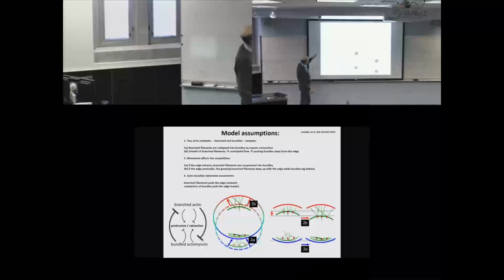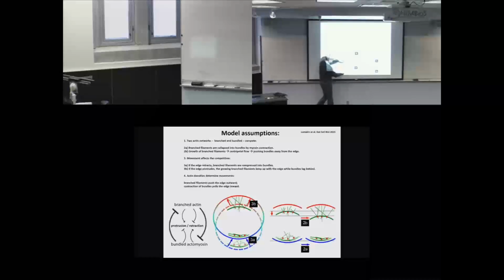An important thing about it is that movement of the boundary of the cell affects this competition. So imagine that the cell moves this way. First it's shown with a dashed contour and then with a solid contour. At the rear, this movement benefits the bundles because this movement would compress all the branched actin here into the bundles.